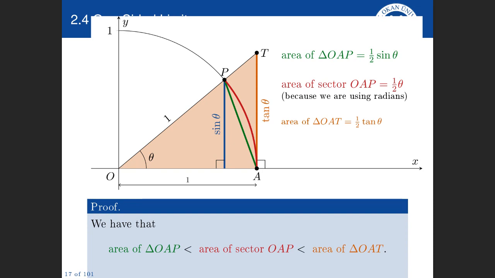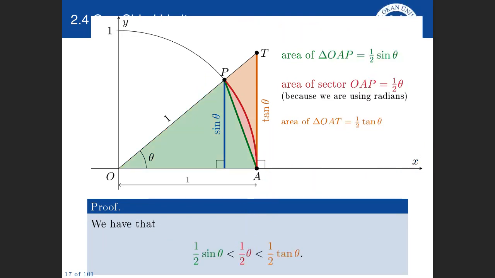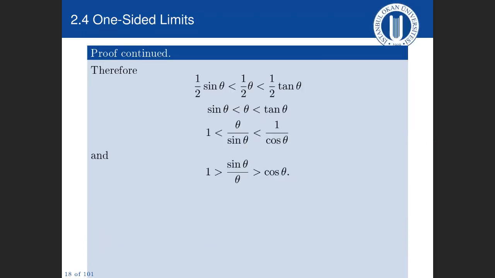So let's put these into the inequality down here. Green is smaller than red, is smaller than orange. A half sine theta is smaller than a half theta is smaller than a half tan theta. Multiply everything by 2.